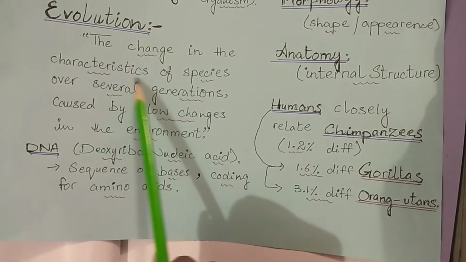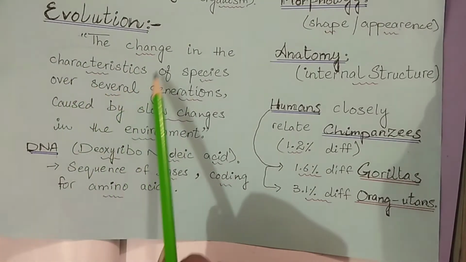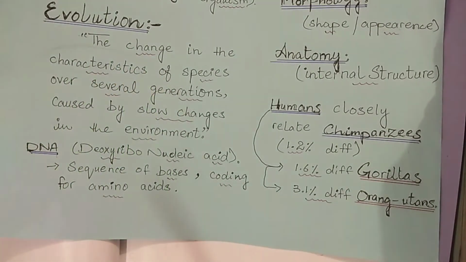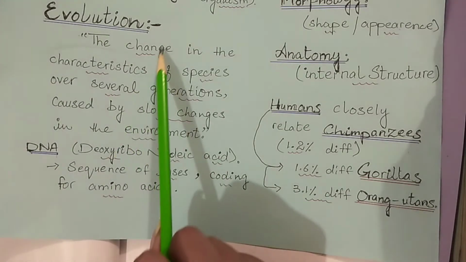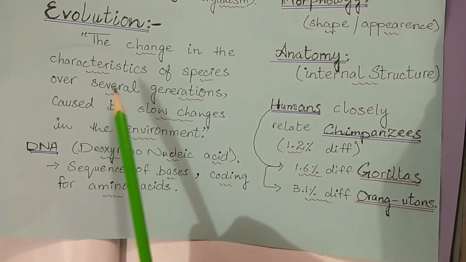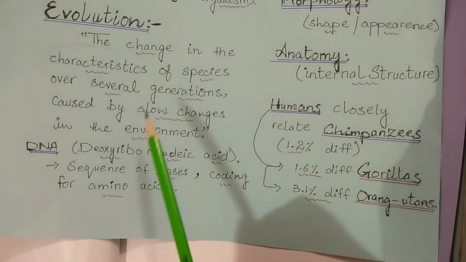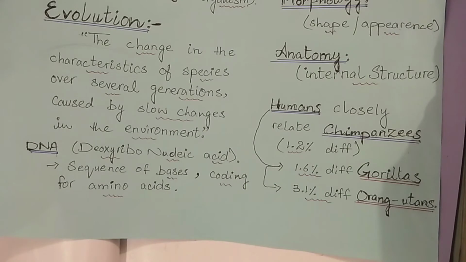Now, the main thing we have to see here is the change in the characteristics of species over several generations. From generation to generation there are changes caused by the environment. Slow changes, no doubt, but the changes happen slowly due to environmental changes.